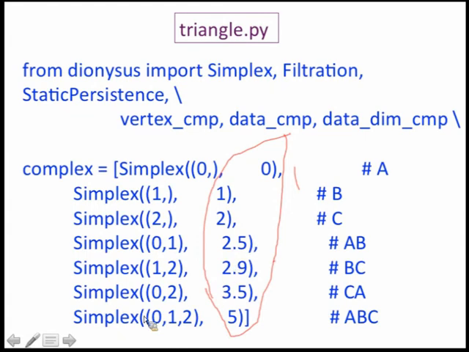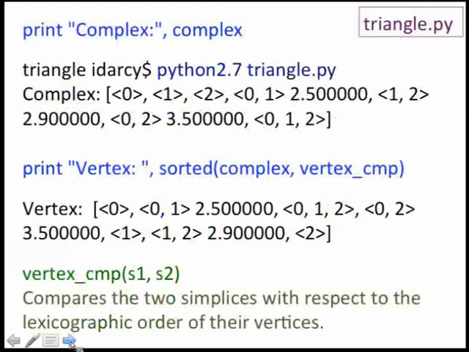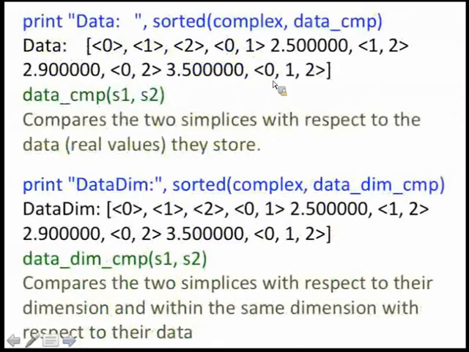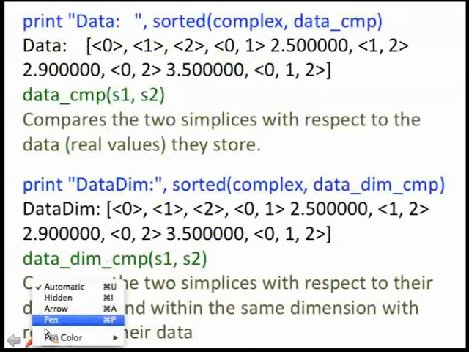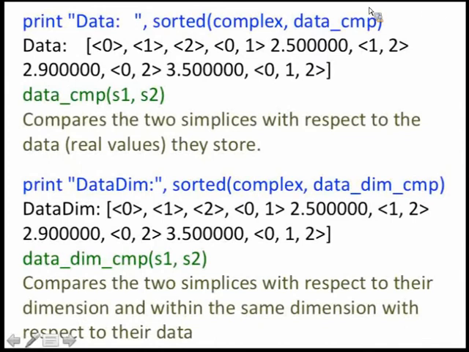If I want those real values to order my simplices, so I think of them as time, then when I sort, I want to use data_comp. Data_comp is explained in green right here. It compares two simplices using those real values. So that's usually the one that you're going to want to use.